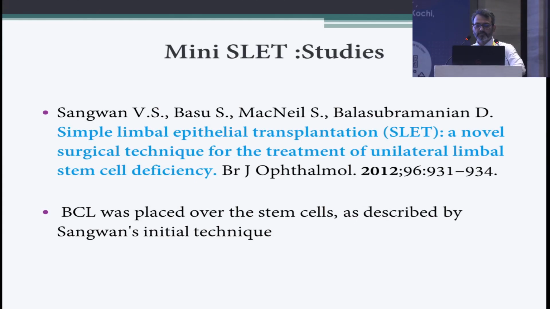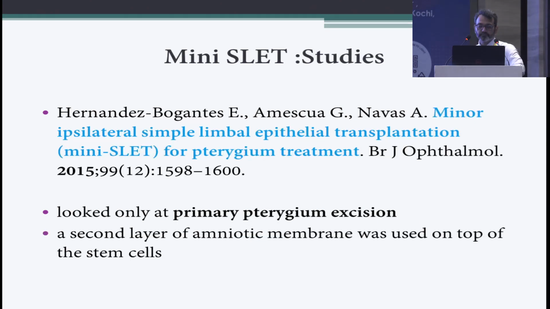A few studies about the mini SLET technique. The simple limbal epithelial transplantation, a novel surgical technique for the treatment of unilateral limbal stem cell deficiency, was published in 2012 in the British Journal of Ophthalmology. Here the bandage contact lens was placed over the stem cells as described in Sangwan's initial technique.